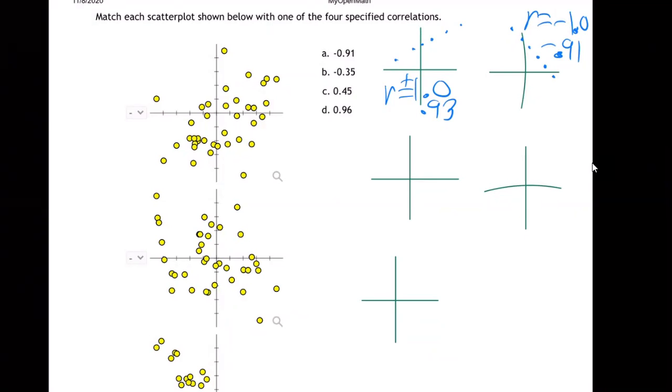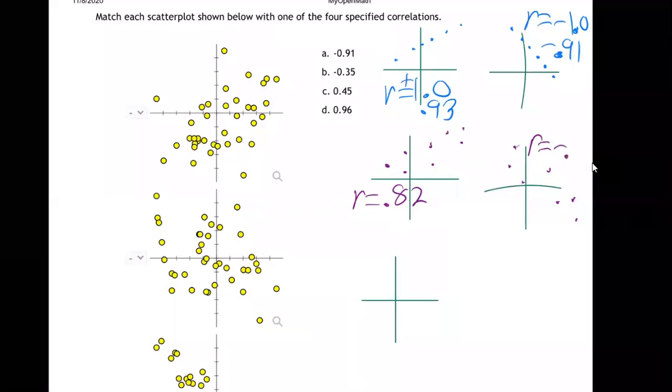Whereas if the dots go up, but they do it a little more loosely, that might be 0.82 or something, and if the dots go down, but they do it a little more loosely, that might be negative 0.88 or something. They're going down, they're mostly in line, but they're not perfect.